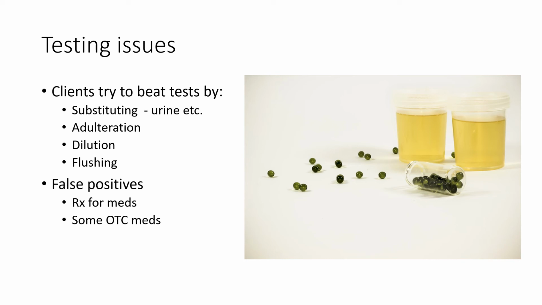There are some over-the-counter meds that can give positive results that look like a drug of abuse, and it's important to be aware of that. If the client is taking those over-the-counter meds, you need to know that, and further, you may have to prohibit them from taking those over-the-counter meds while they are in drug treatment to get accurate drug test results.